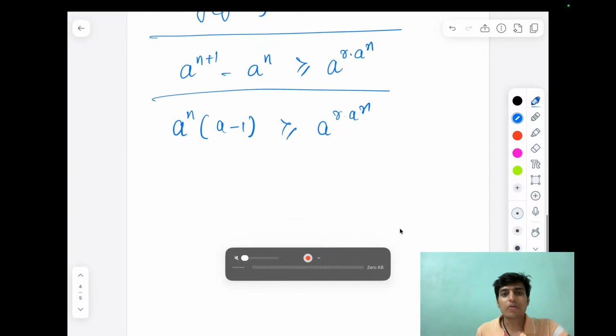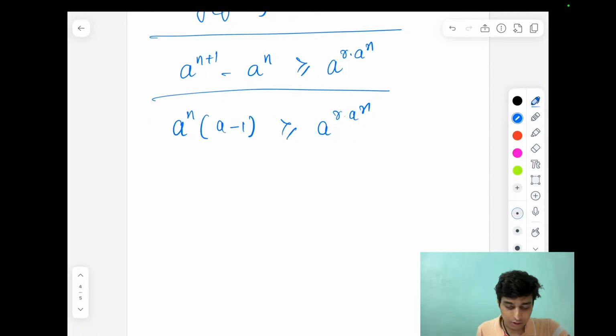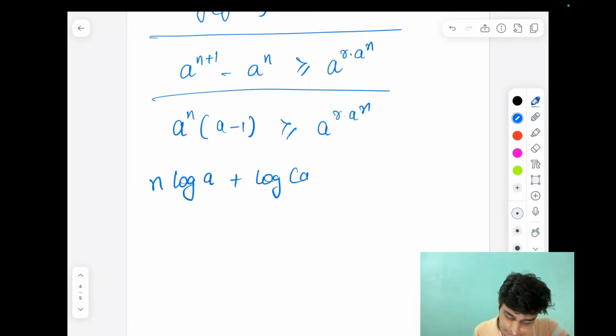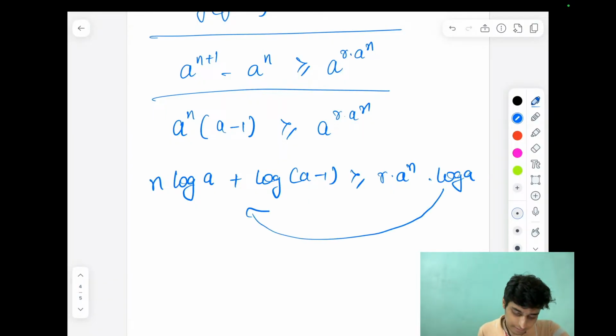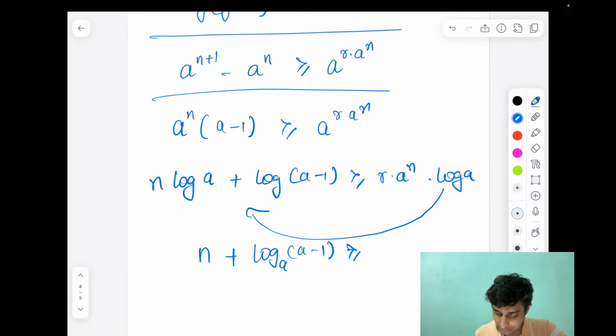We can go by taking log on both sides. So it's n log a plus log of a minus 1 is greater than or equal to r into a to the power n into log a.